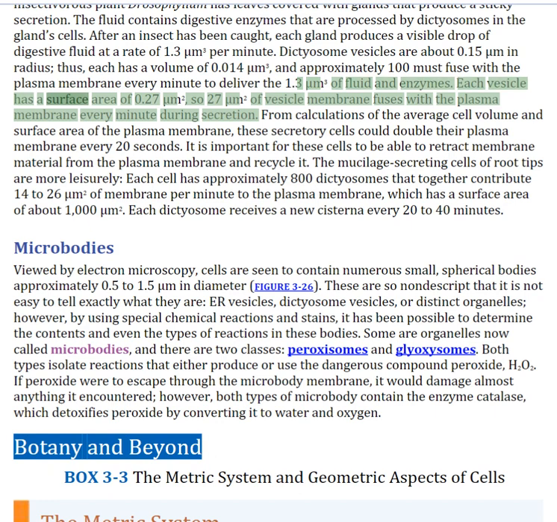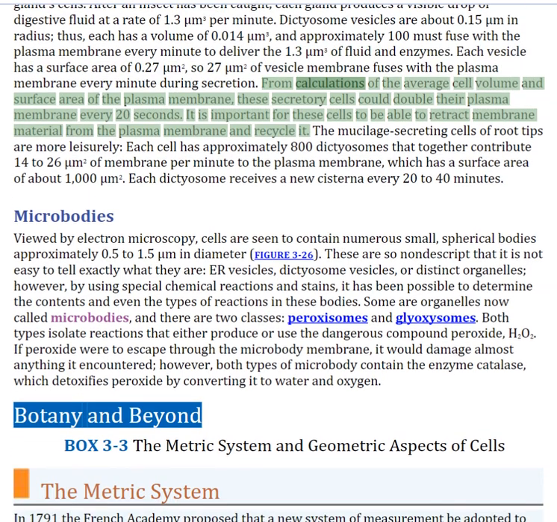Each vesicle has a surface area of 0.27 micrometers, so 27 micrometers of vesicle membrane fuses with the plasma membrane every minute during secretion. From calculations of the average cell volume and surface area of the plasma membrane, these secretory cells could double their plasma membrane every 20 seconds.